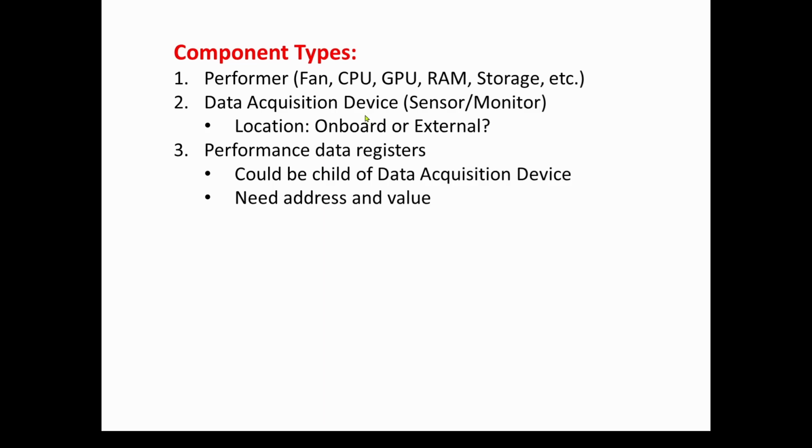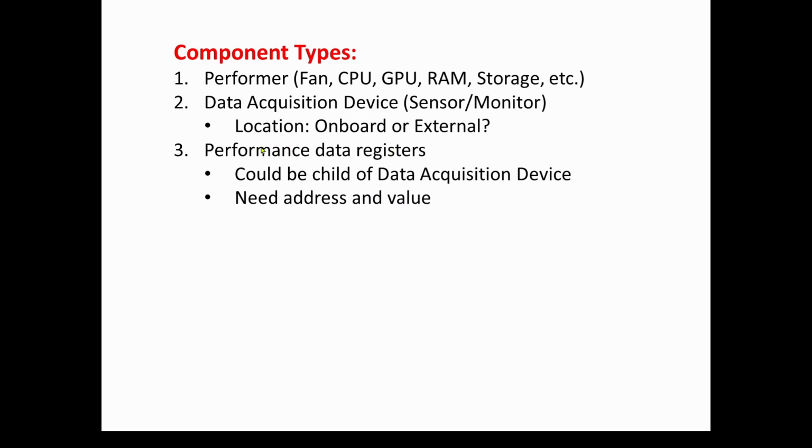Now the next thing is the performance data registers. So presumably your data acquisition device is going to grab data, performance data from the component, and it's going to make that data available to you somehow. And you probably can assume that it's going to use what are called registers in memory somewhere with that performance data. And if you know anything about memory, you know it's got basically an address and a value to store a bit of data.